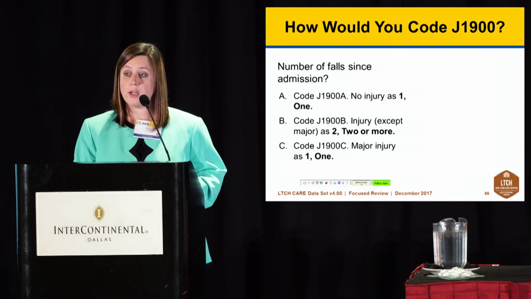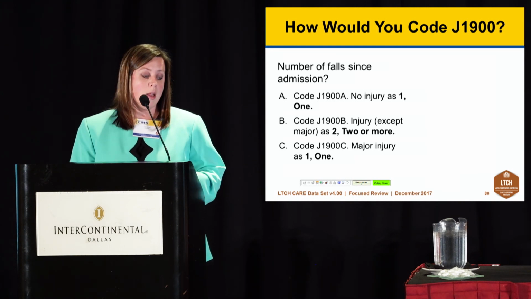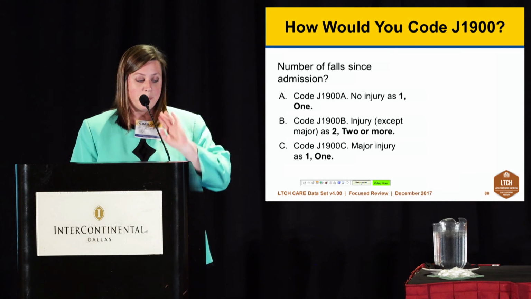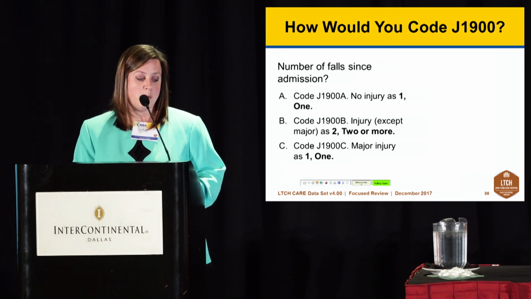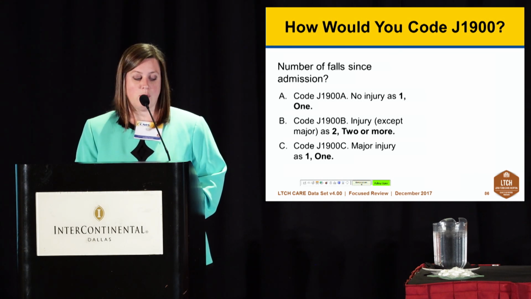So for J1900, using the same scenario, the number of falls since admission, how would we code J1900A, no injury, as 1, J1900B, injury except major, as 2 or more, or J1900C, major injury, as 1?